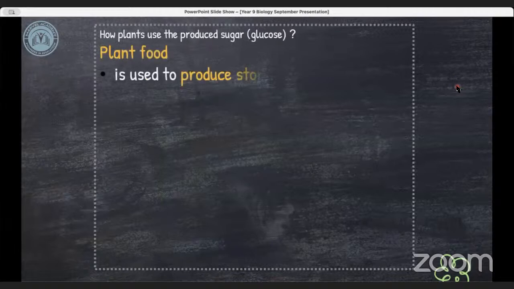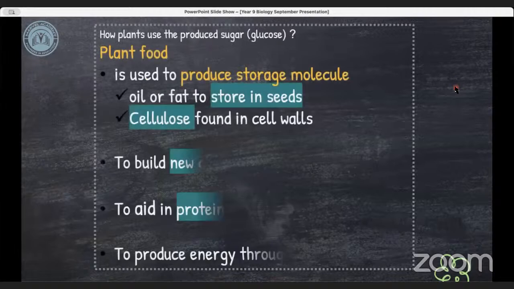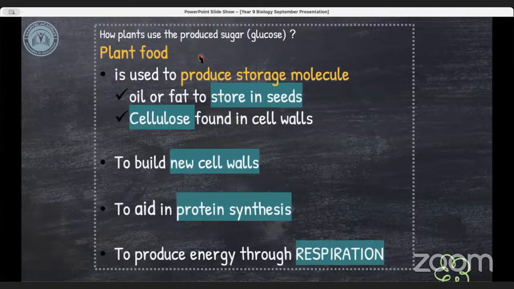Let's go to the next one, the uses of the products of the sugar. I told you that glucose is a sugar, and this glucose is considered to be the plant's food.